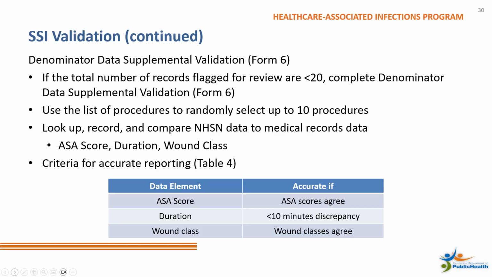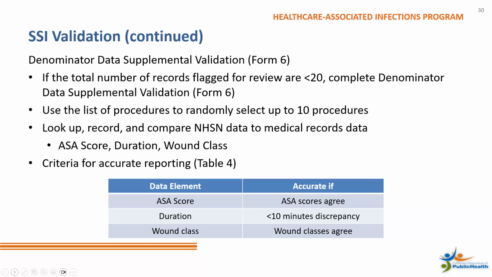So if the ASA score is perfect, it's in your record as a 3 and it's in NHSN as a 3, you're fine. If you have a duration, maybe it's just a couple minutes off, but if it's less than 10 minutes off, that's acceptable. But if it's more than 10 minutes, then there would be a little bit of data mismatch.